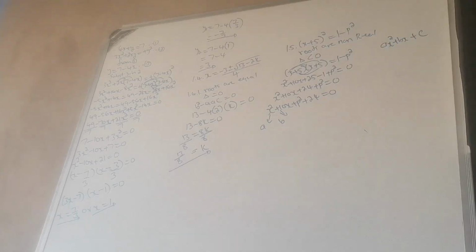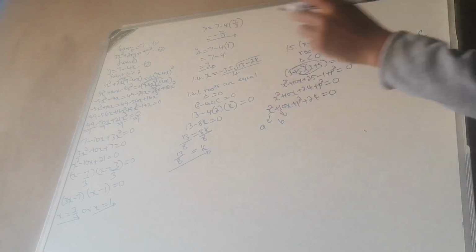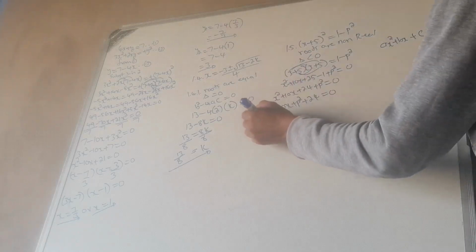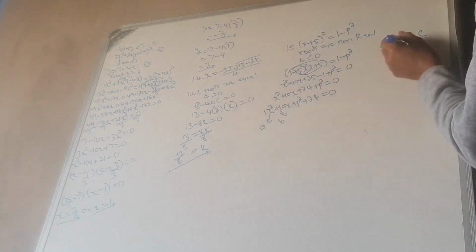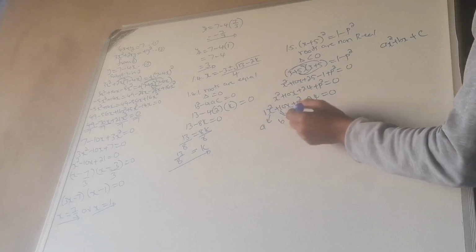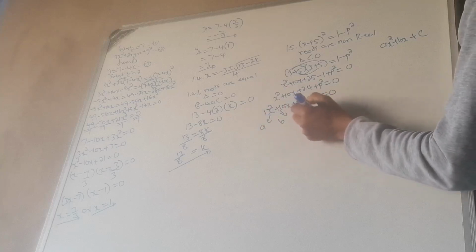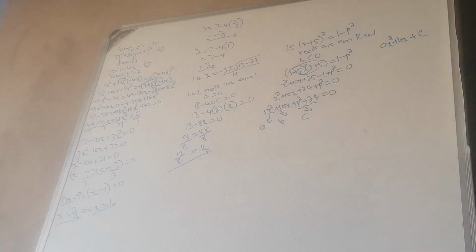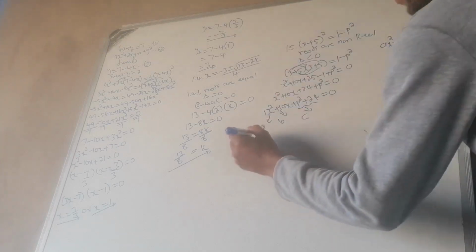Do you get that? Right. And then from there, I will check. Hence I'm saying this is my a. Hence I'm saying the coefficient of x is my b. And whatever is left becomes the value of c.